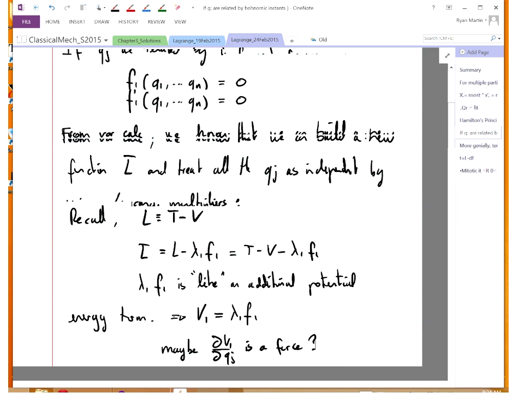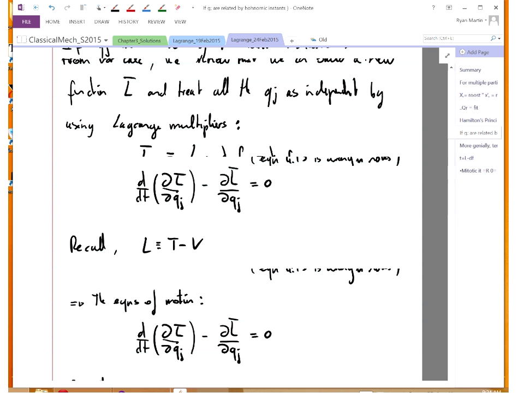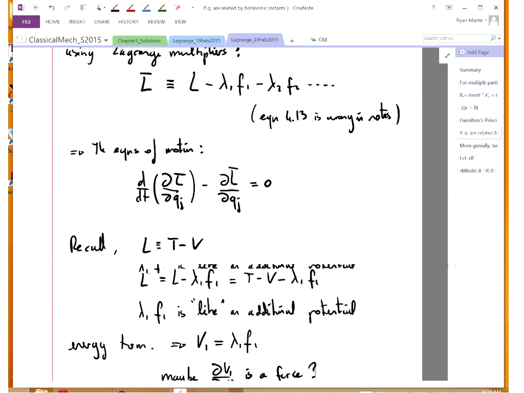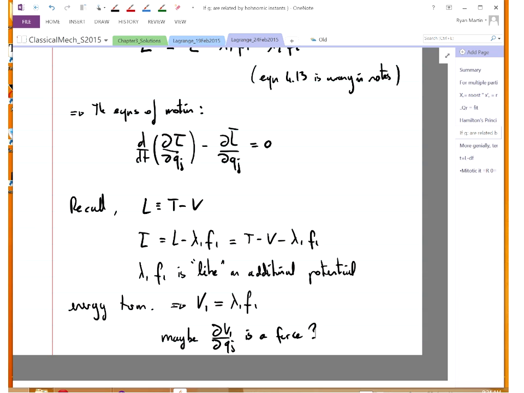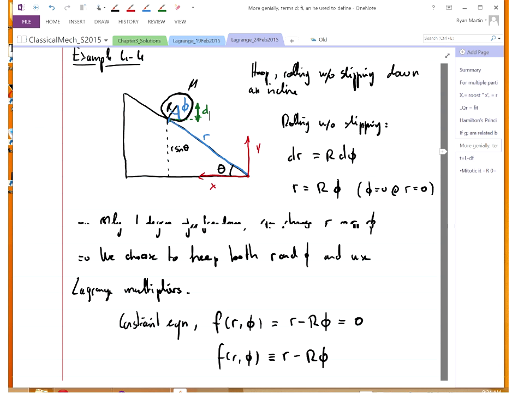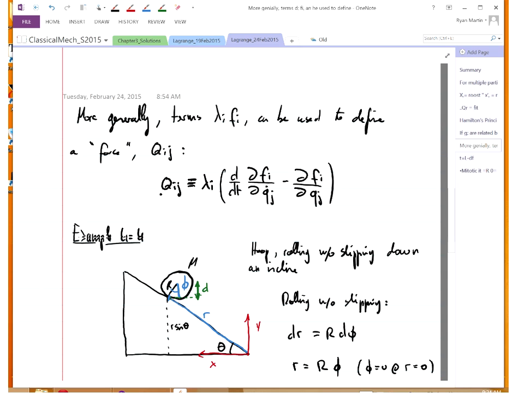Remember back a few pages, where did we do this? We wondered if this lambda f term that we're adding in, it's like a potential, so maybe there's some sort of force that can come from it.